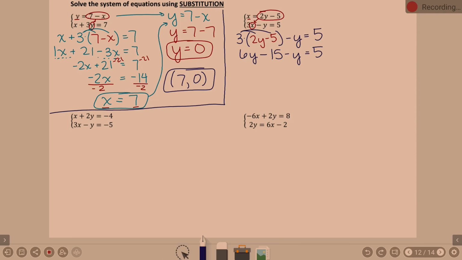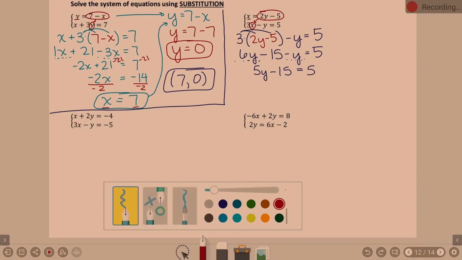Now what? On the left, we can do some cleanup. 6y minus 1y is 5y. Minus 15 equals 5.